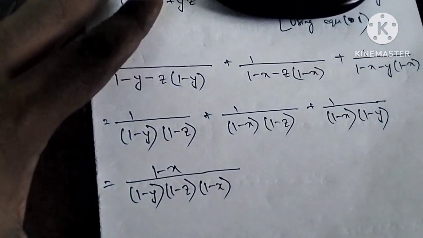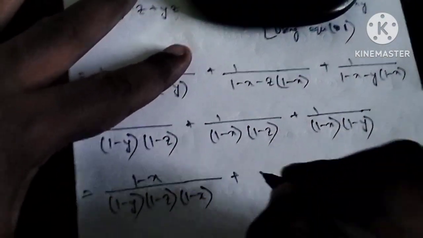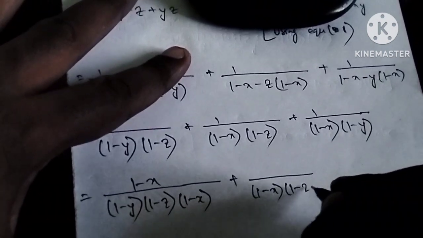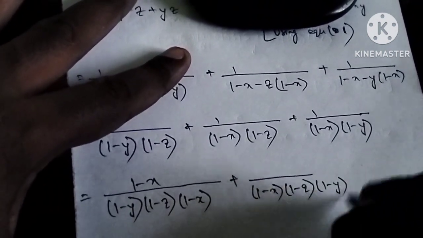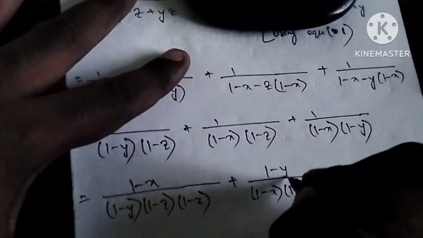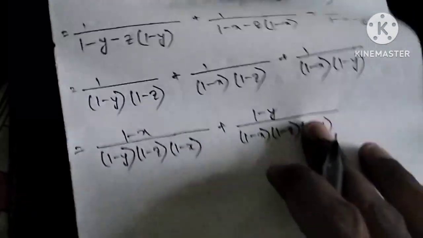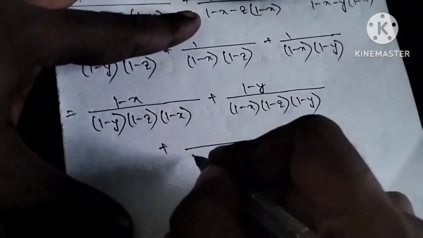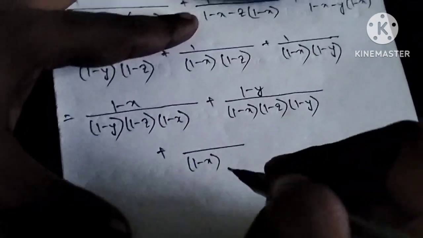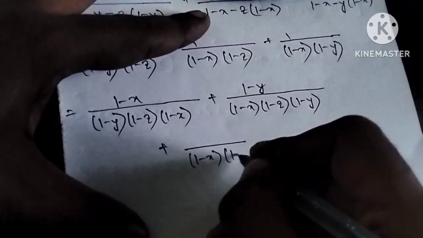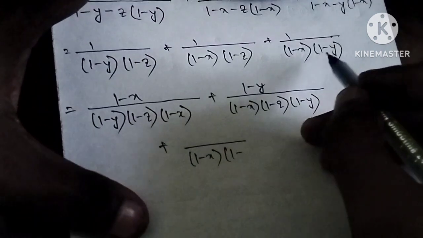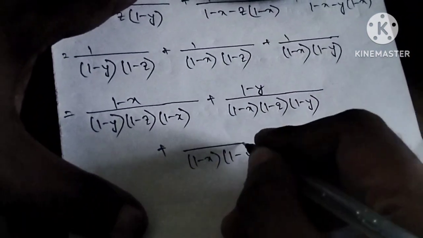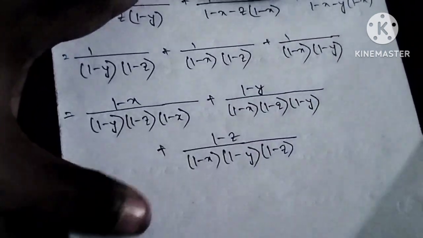So in the numerator also 1 minus x. Then the second term, multiply by 1 minus y, so in the numerator also 1 minus y. Then the third term, multiply by 1 minus z, so in the numerator also 1 minus z. Clear?